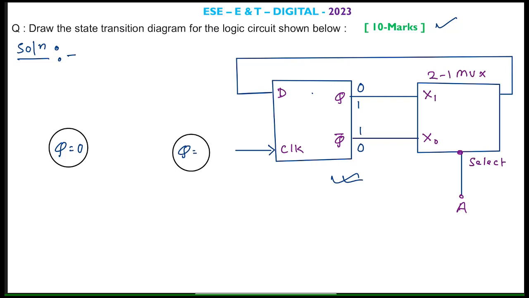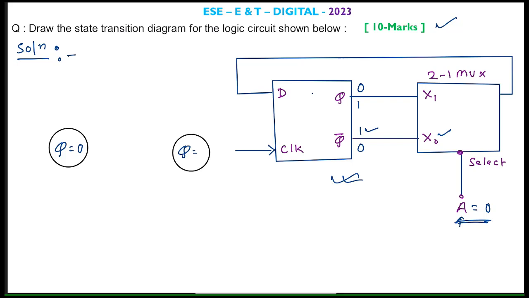Now as per the input A, the D flip-flop output will change its state. If I assume that initially Q is 0, then the input A might be 0 or it might be 1. If A is 0, it is going to select the line X0, which has the input 1.